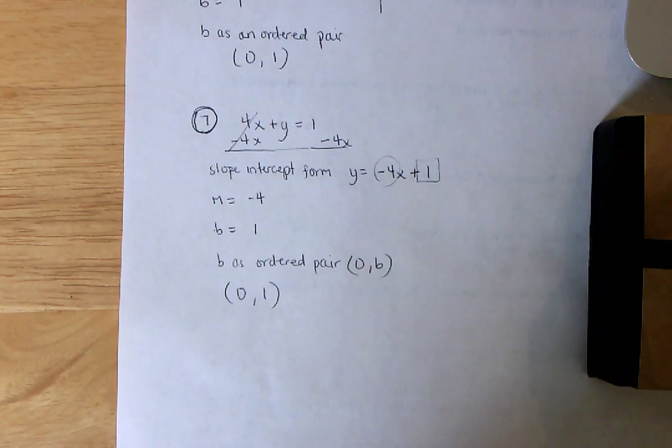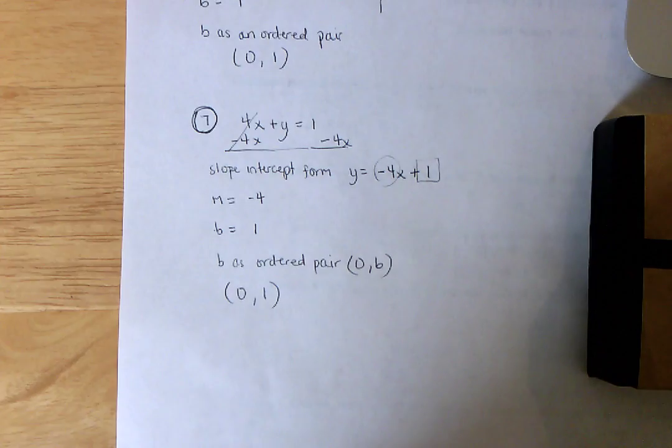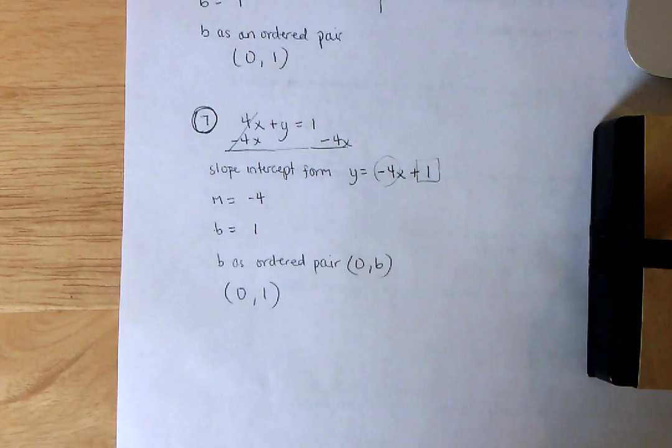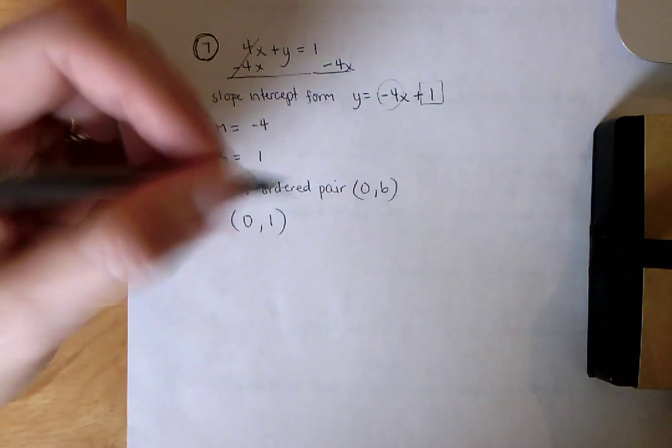So I hope you find this helpful, and you'll be doing that worksheet. You'll be doing 1 through 11. And just remember, let's just look at number 10, or actually let's look at number 11.